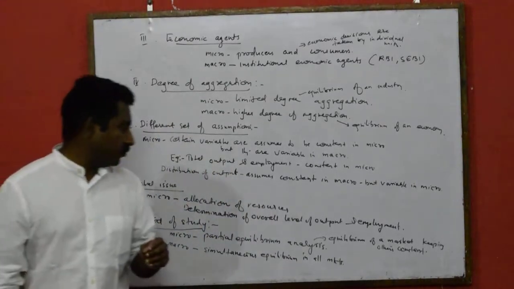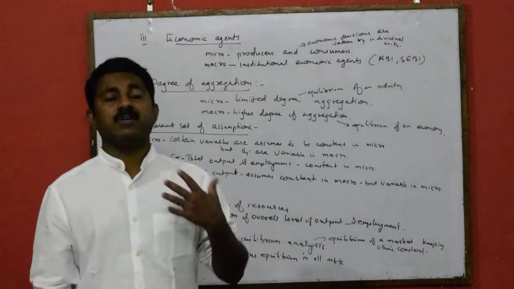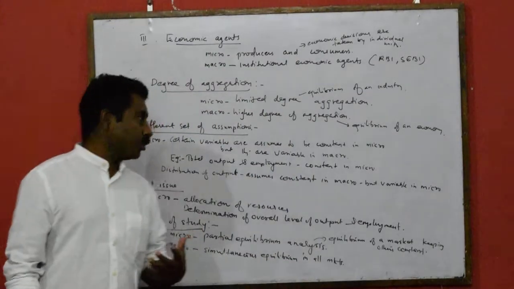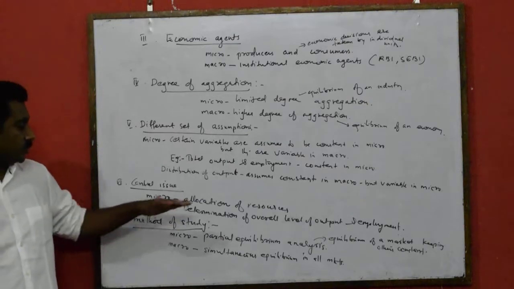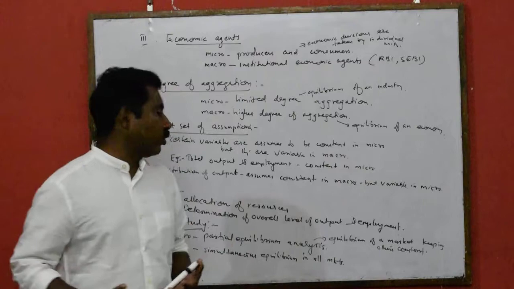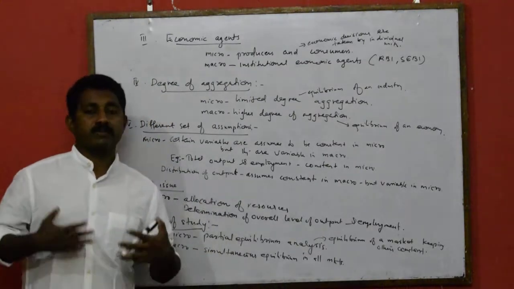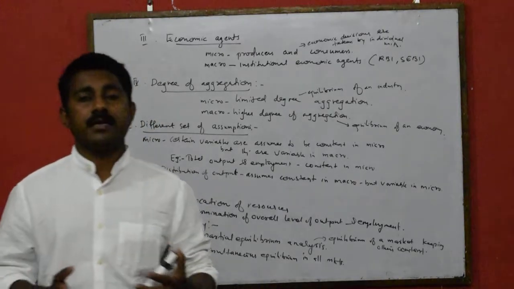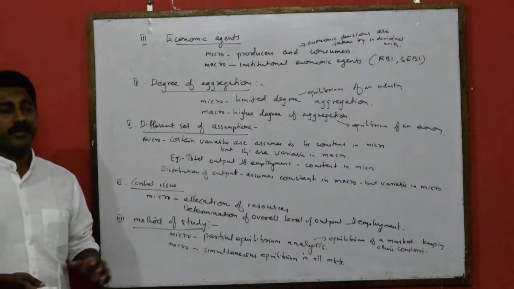But in case of macroeconomics, determination of overall level of output and employment is the focal point of study or central issue of macroeconomics. How the overall output can be maximized, thereby correspondingly employment also can be maximized. So that is the central issue of macroeconomics.